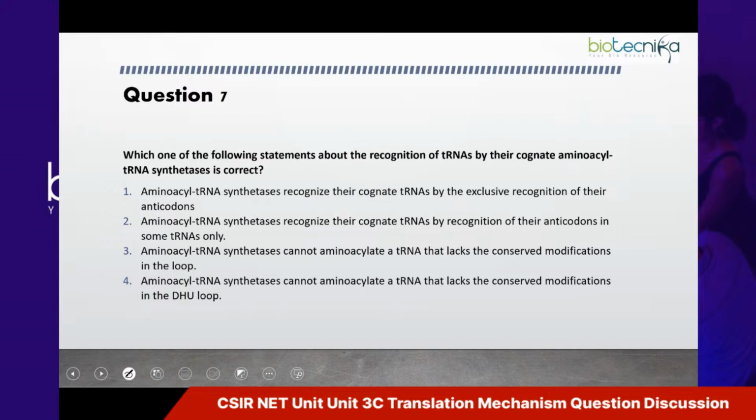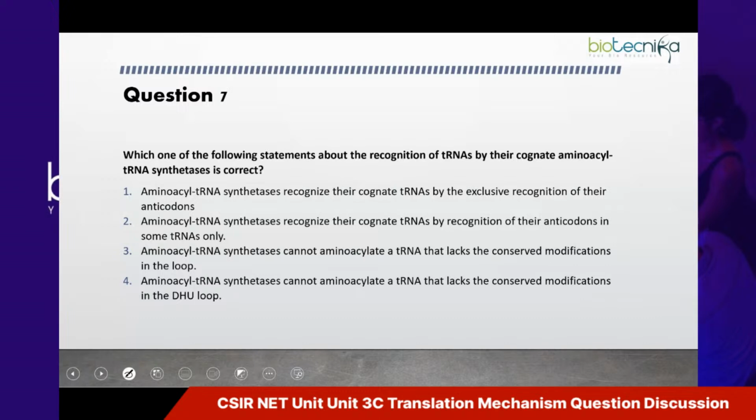Okay, next question. Which one of the following statements about the recognition of tRNA by its cognate aminoacyl-tRNA synthetase is correct? Okay. So aminoacyl-tRNA synthetases recognize their cognate tRNA by the exclusive recognition of their anticodons.